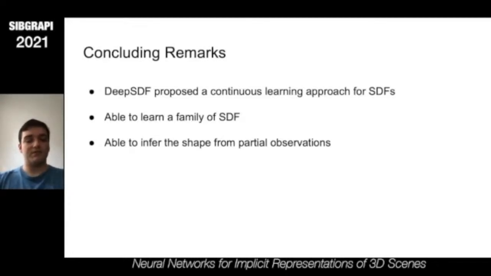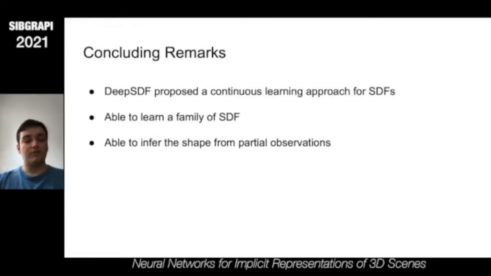So DeepSDF was, to our knowledge, one of the only ones that proposed a continuous representation at the time. Also, it was able to learn a family of signed distance functions, not only one signed distance function for each model, but each model is able to encode a family of signed distance functions.